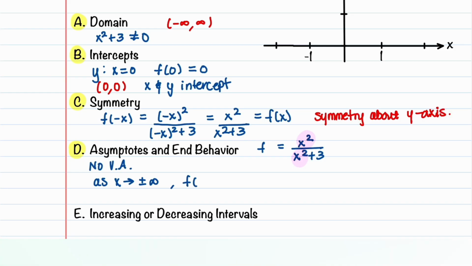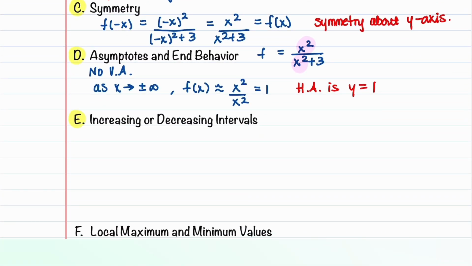We're going to do this really informally. f of x is going to look like x squared over x squared, because only the leading terms count as x gets really big. And this is equal to 1. So we can say that our horizontal asymptote is y is equal to 1.